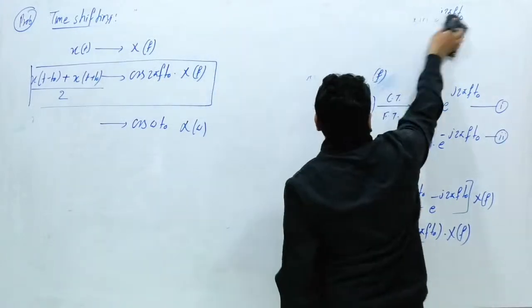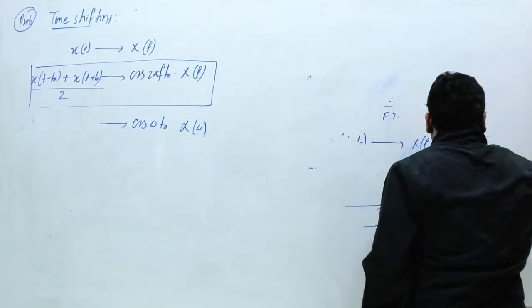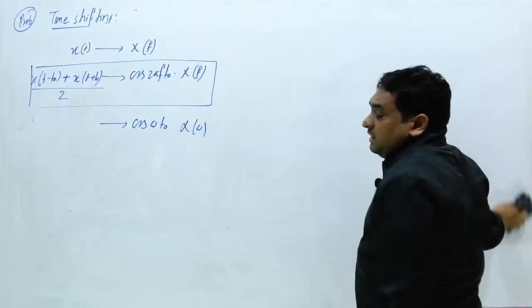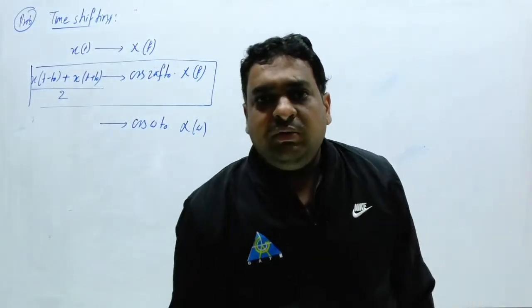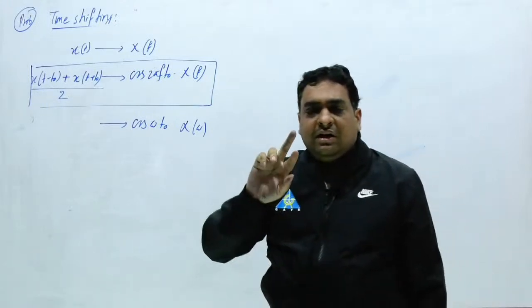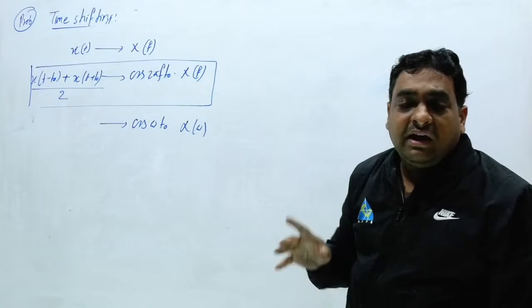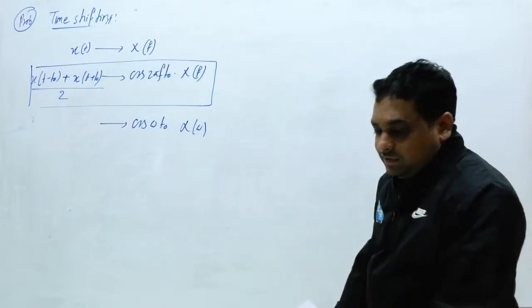Now the next property is the frequency shifting property. So far we have studied the linearity property, reversal property, even and odd property, time scaling property, and time shifting property.